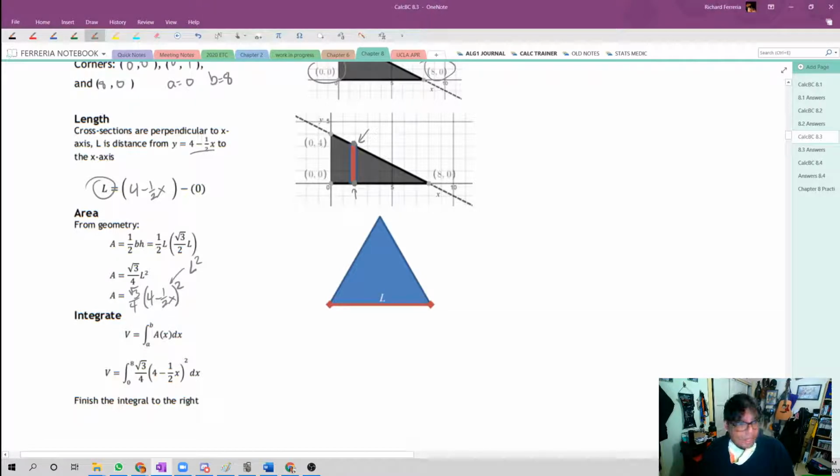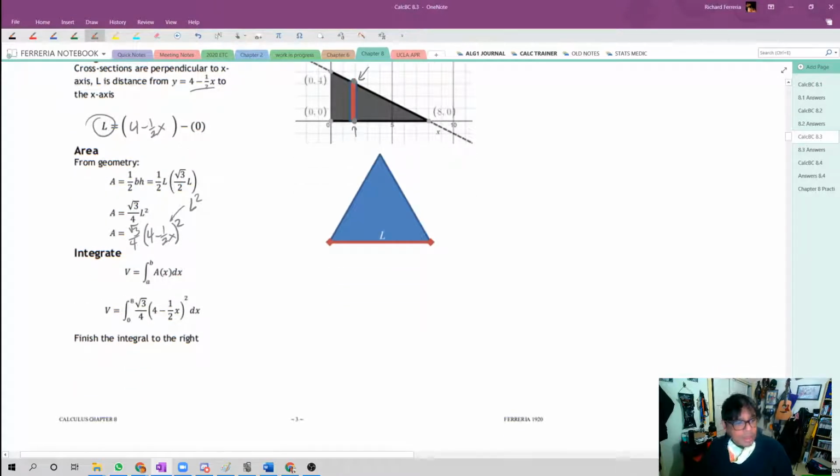Next, we're going to go ahead and integrate. So we've got volume equals integral from a to b, and a was 0 and b was 8. Let's scroll a little bit. And then the area formula was root 3 over 4 multiplied by the quantity 4 minus 1/2 x, whole thing squared. Now, sometimes you'll get a calculator, sometimes you won't get a calculator.